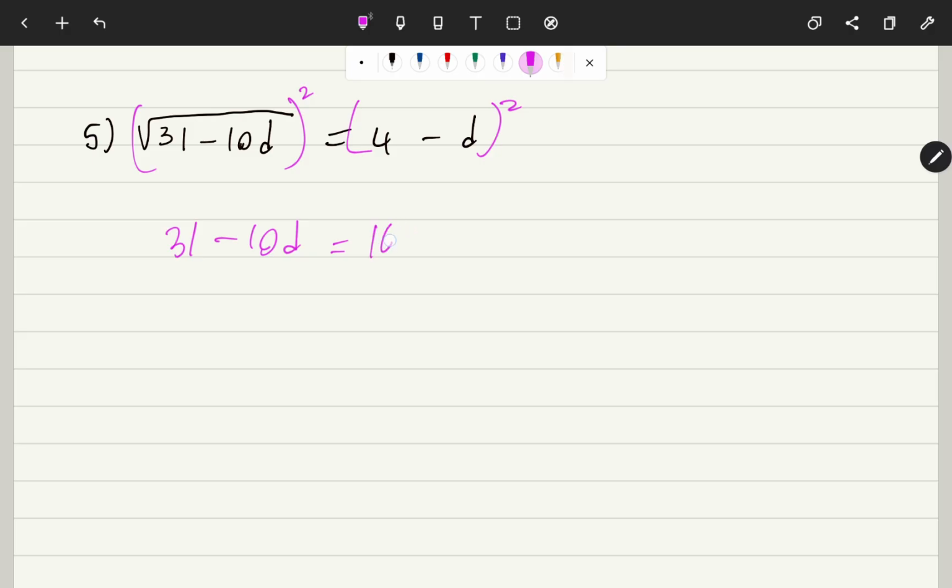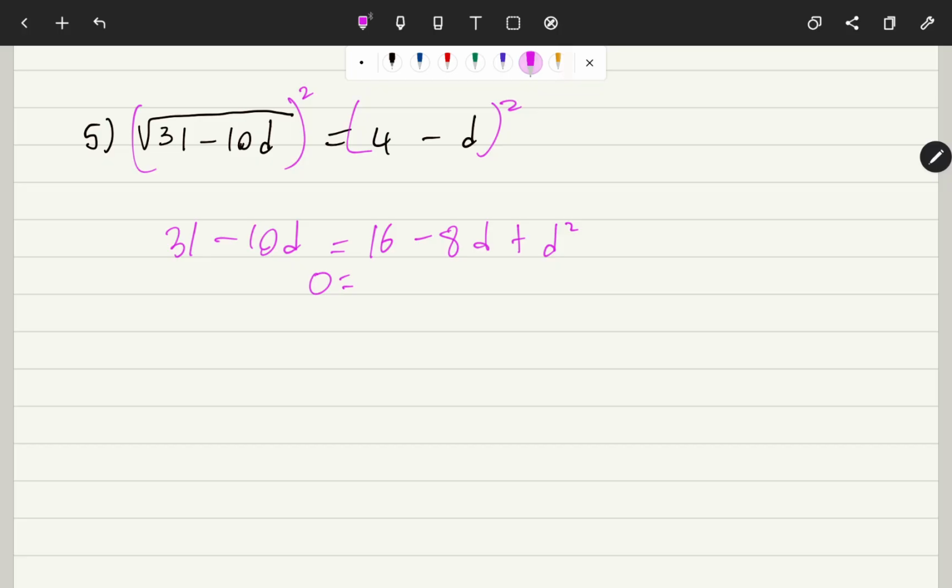No, I have 16, and then I multiply this 2, which is minus 4d, and then I multiply that by 2, which is 8d, and then I'm squaring, so it's positive d squared, right?